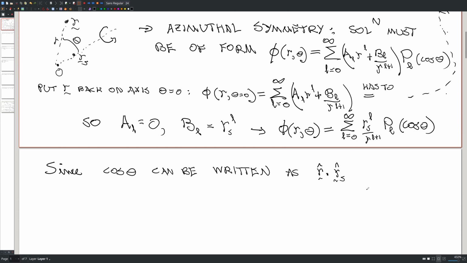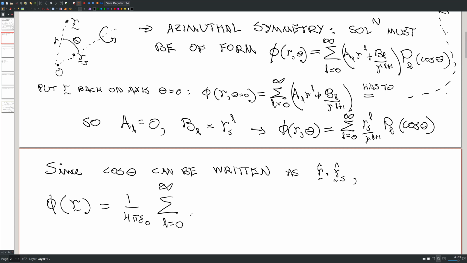So what we can write in general is that the potential at a given position r is going to be 1 over 4 pi epsilon 0, the summation L equal to 0 to infinity, of 1 over r to the L plus 1.